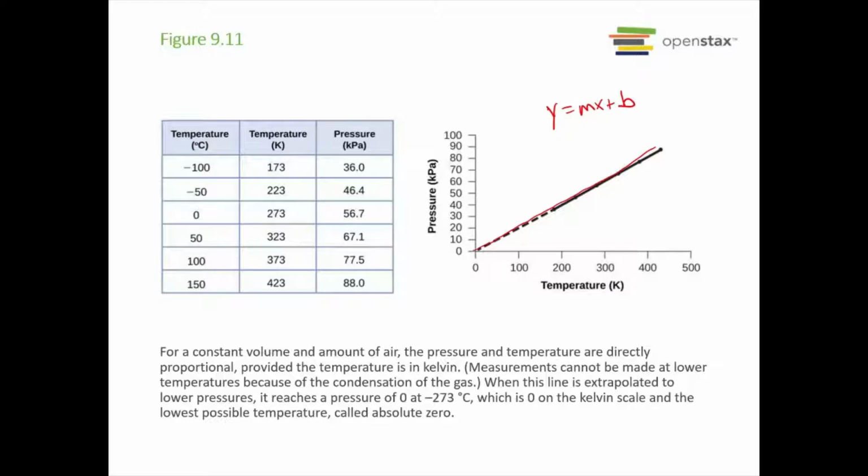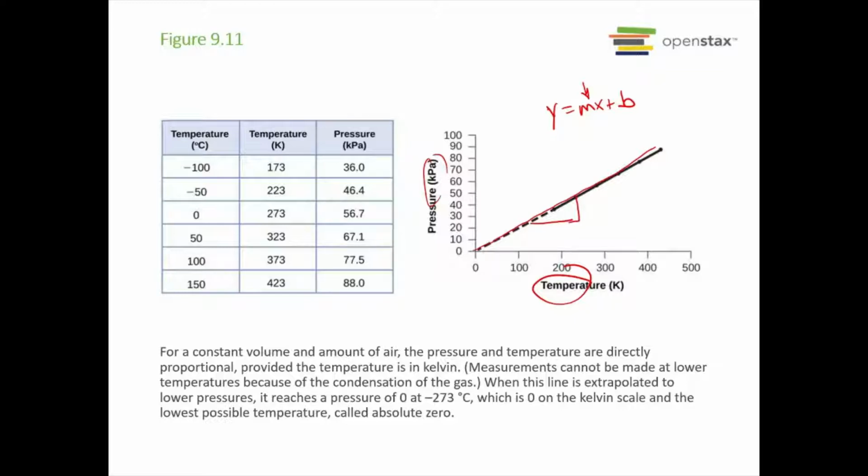Okay, so the slope of your graph here, this m, is your k. It's your change in pressure over change in temperature, delta y over delta x, pressure over temperature. Hey, look, that's equal to k from when we were first looking at this equation. So that k then, that constant, is the slope of your graph.